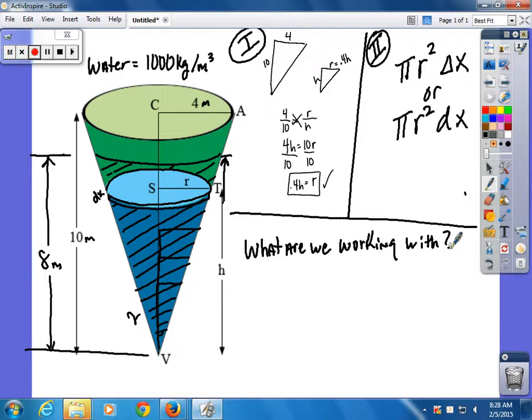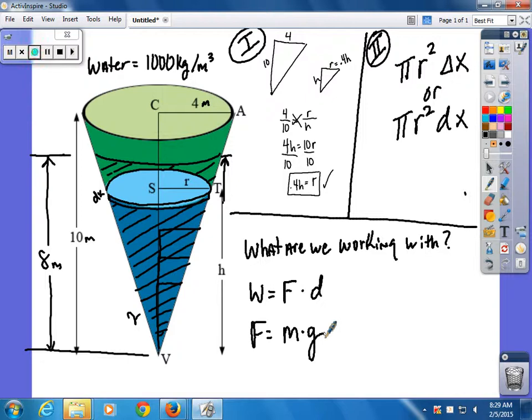So first of all, work is equal to what? Force times distance, right? And force is equal to what? And of course we got our volume. And volume, or mass, is equal to volume times density. But you know that from your physics, and you know that, plug each other that.